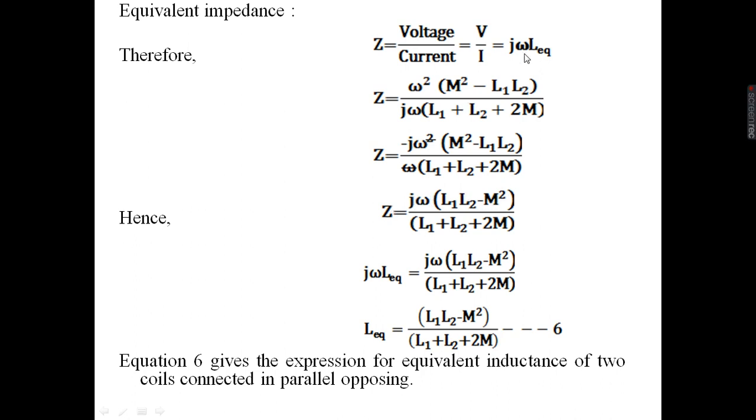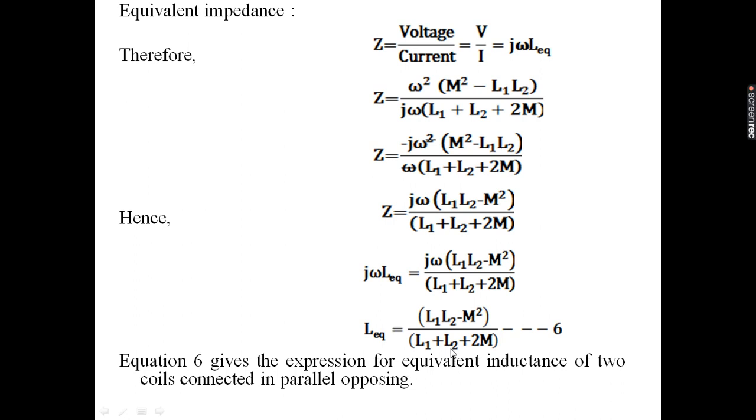And now since Z is equal to j omega L equivalent, we have j omega, and this will give you your effective inductance. That means j omega L equivalent is equal to j omega into L1 L2 minus M square divided by L1 plus L2 plus 2M. So now j omega can be cancelled. Your L equivalent will be L1 L2 minus M square divided by L1 plus L2 plus 2M.